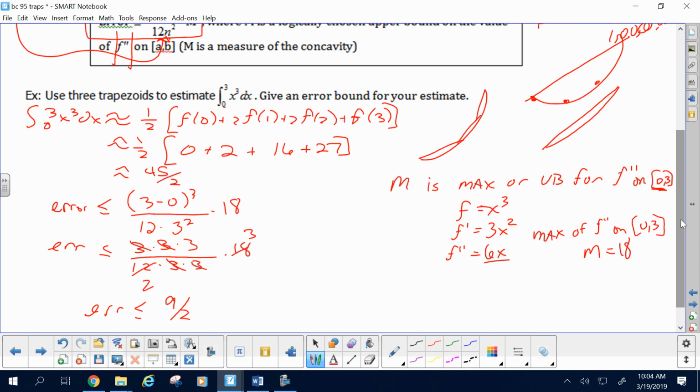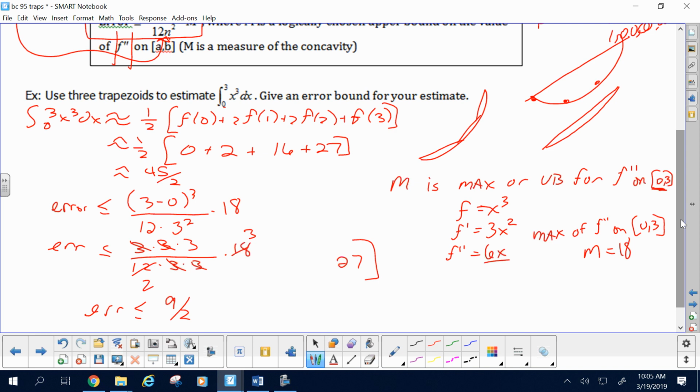Do you understand my question? Okay, what's an upper bound? 27. 45 halves plus 9 halves is 27. Good deal. Give me a lower bound. And now it would be logical to say 36 over 2, 18.